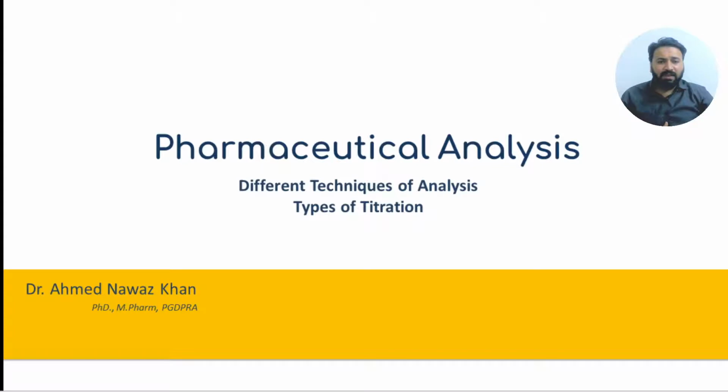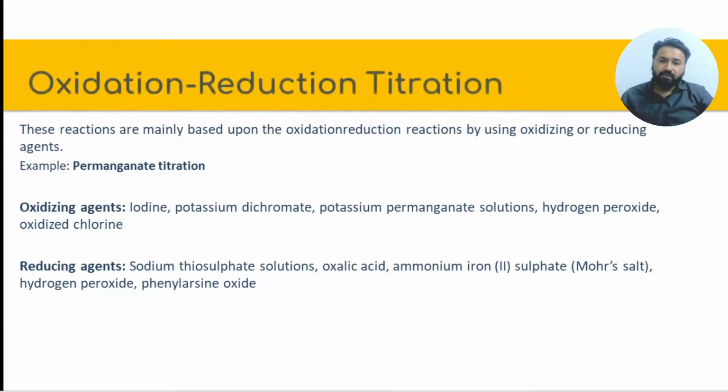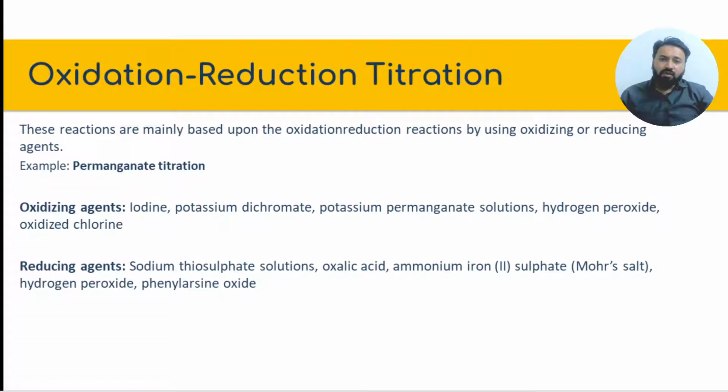The next, which is very important, is the oxidation and reduction titration. These reactions are mainly based upon the oxidation and reduction reaction by using an oxidizing or reducing agent.